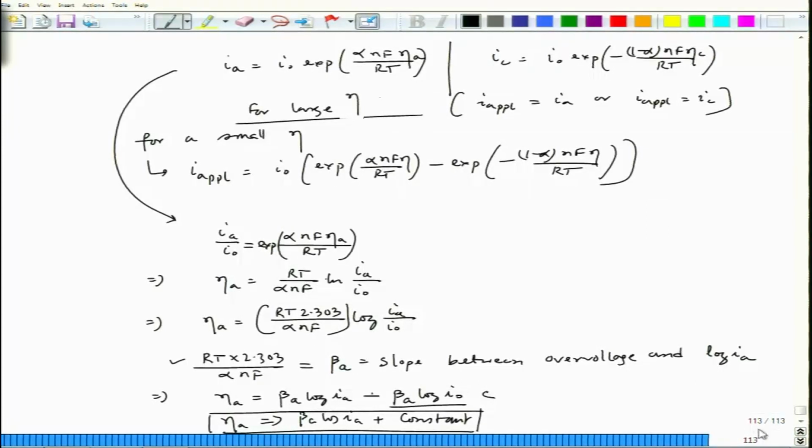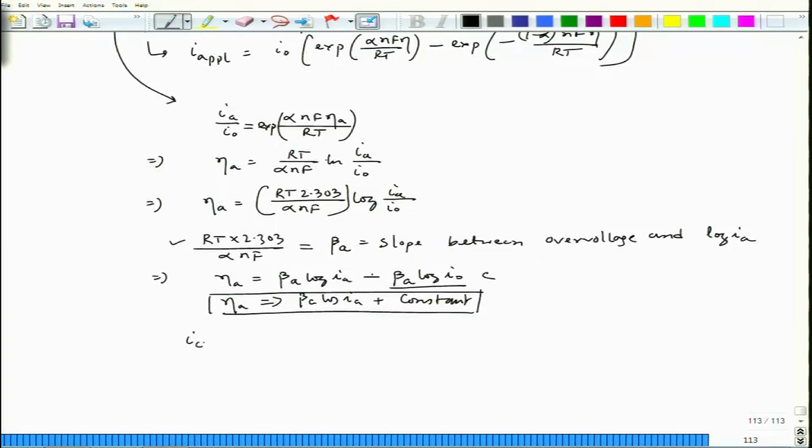Similarly, if I take Ic equal to I0 exponential minus (1 minus alpha) nF eta C by RT, then it will also give us eta C, if we do it the way we have done.